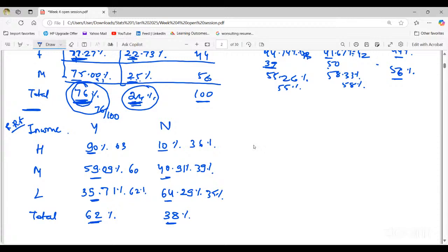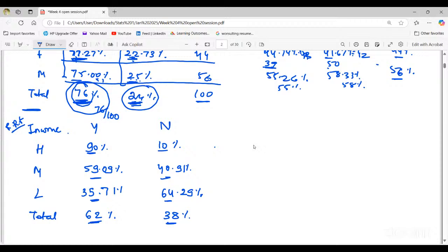So basically 63 upon 36 should be equal to 60 upon 39 should be equal to 62 upon 35 to make it non-associated. Correct, not mathematically exact, but in general, approximately.